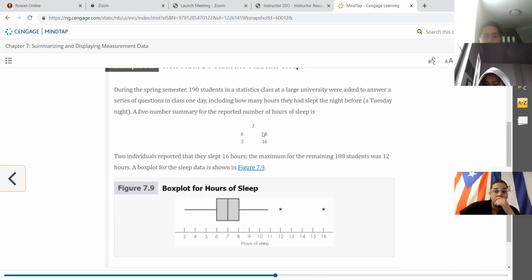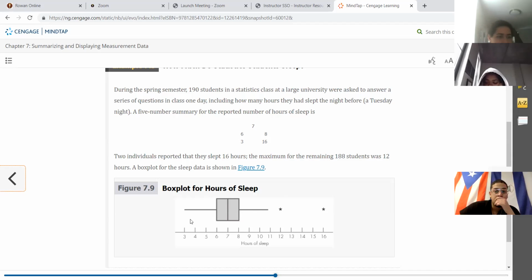So 6 is Q1, 8 is Q3, and 3 and 16, 3 is the smallest number, 16 is the maximum. Here's a box plot that represents all those numbers, this data set here. And a box plot is just a picture of the 5-number summary.